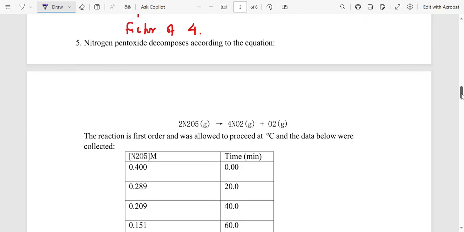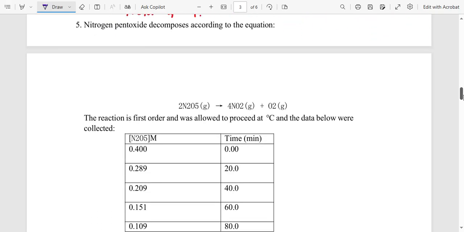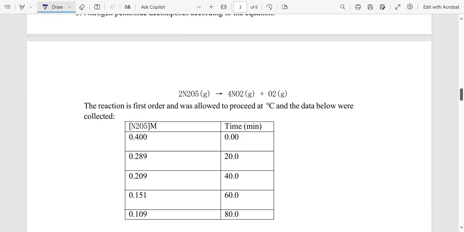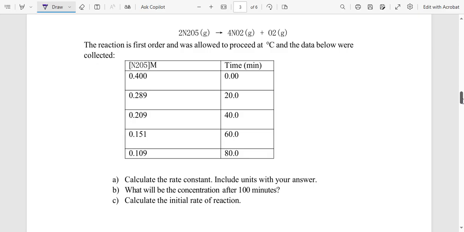So question 5 is our next question. Nitrogen pentoxide decomposes according to the equation that we can see there. The reaction is first order and was allowed to proceed at 40 degrees Celsius. Next question is, calculate the rate constant.